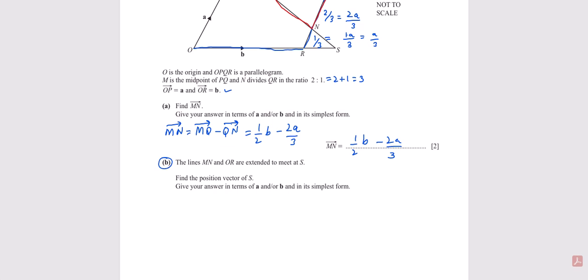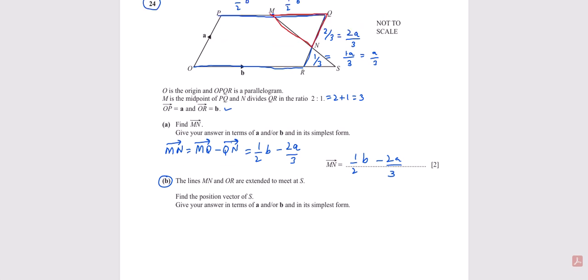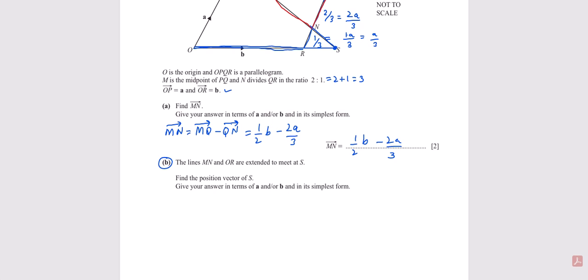Part B. The lines MN and OR are extended to meet at S. The line MN extended meets point S, and OR extended meets at point S. Find the position of S. Give your answer in terms of A and or B in its simplest form.